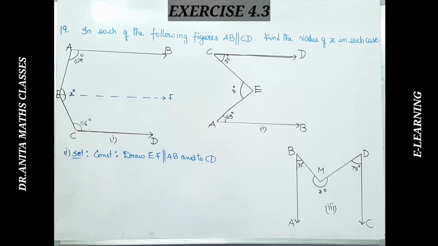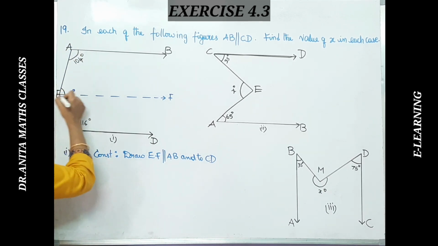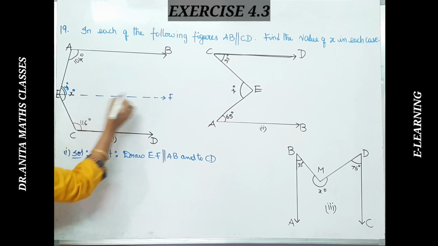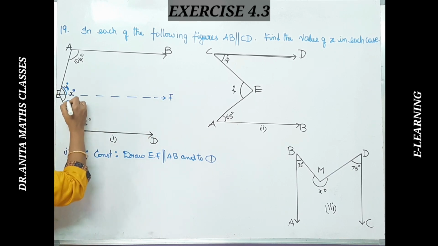Now, if we are considering EF here, EF is parallel to AB, likewise I had made. And if I consider this complete angle E is given as x. I take the angle AEF as some y, only this angle, and angle FEC as some z.